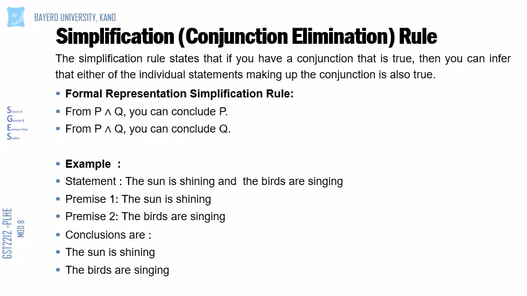We call it conjunction elimination. This is the form. From P and Q, you can conclude P. From P and Q, you can also conclude Q.